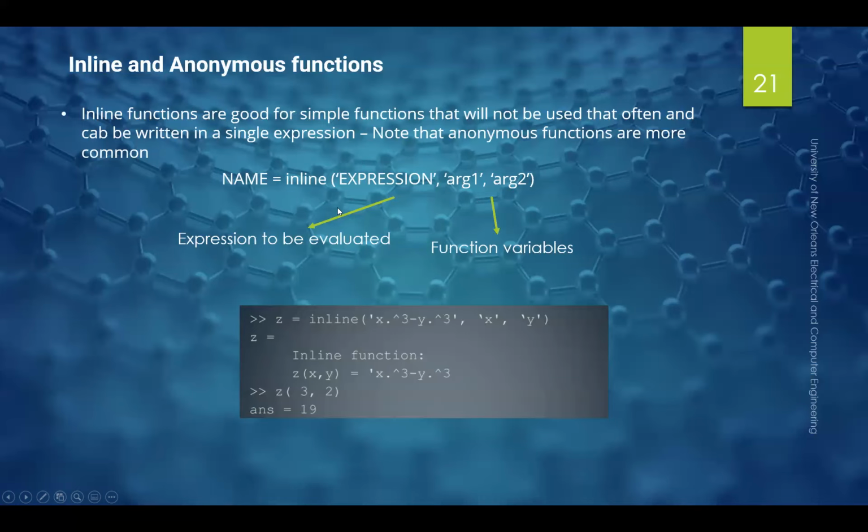So expression is the expression to be evaluated, and whatever follows are going to be the function variables. So you can see that the format is the same as in the anonymous function, but it's just in a different way, right?